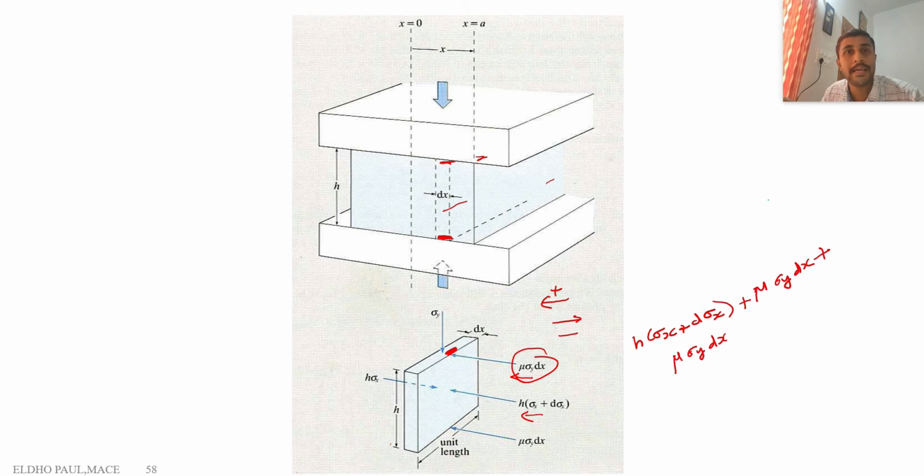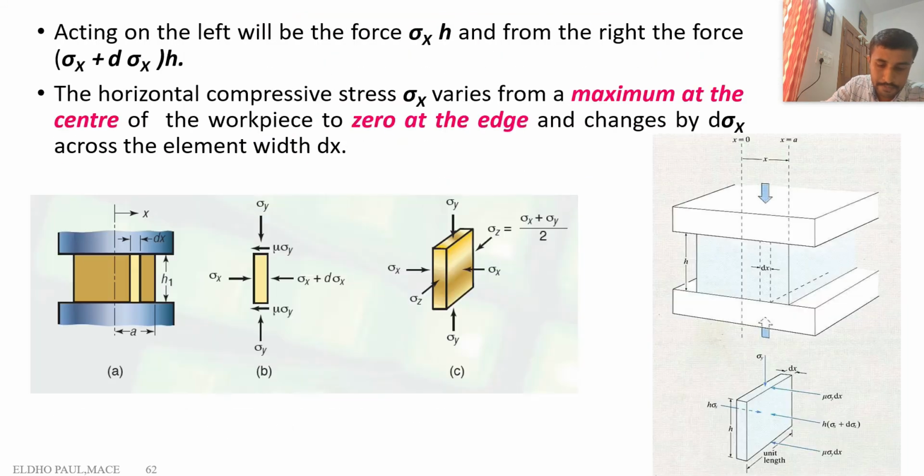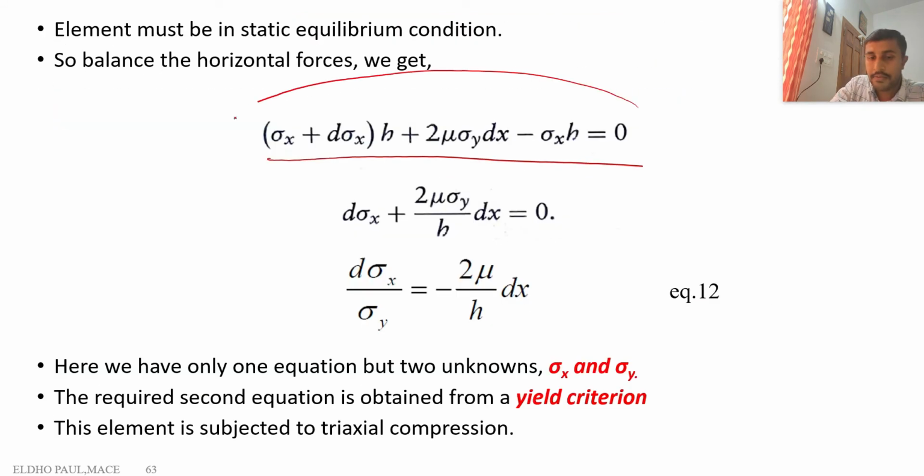Then the one force in the opposite direction gives minus h into sigma x, and the sum equals 0. We balance all the forces in the horizontal direction, so this equation equals 0.